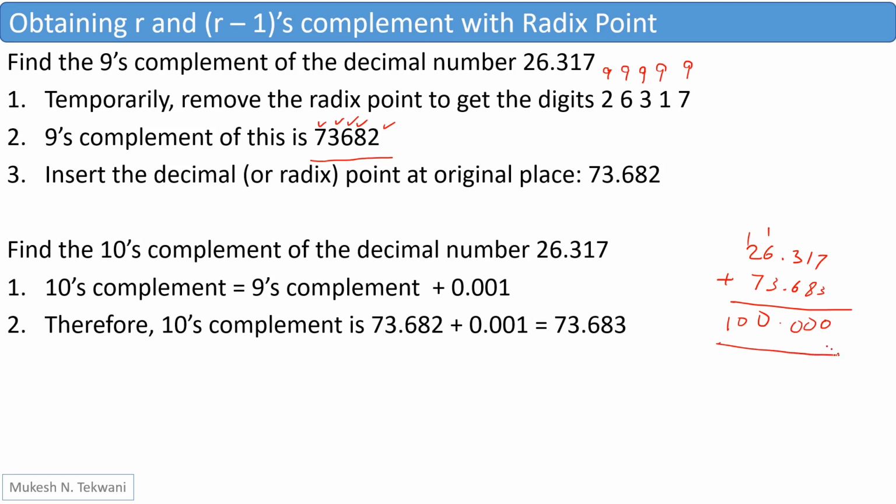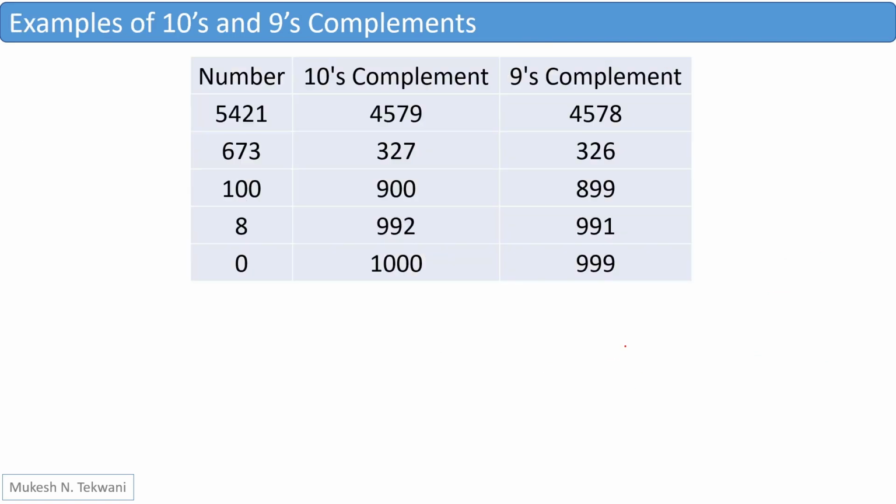So we have a number which is 100.000, because this number is a 2-digit number in the integer part, 26, right? And this becomes our final result as the tens complement.